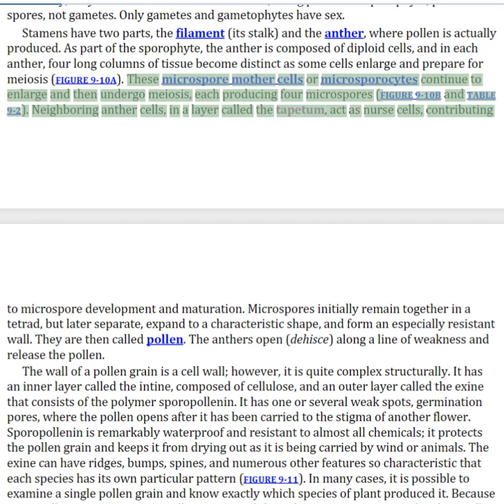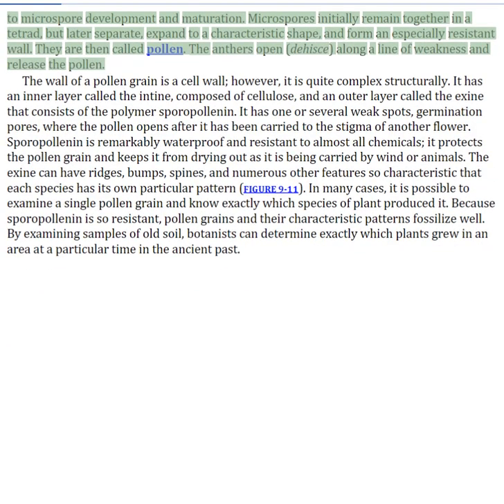Neighboring anther cells, in a layer called the tapetum, act as nurse cells, contributing to microspore development and maturation. Microspores initially remain together in a tetrad, but later separate, expand to a characteristic shape, and form an especially resistant wall. They are then called pollen. The anthers open along a line of weakness and release the pollen.